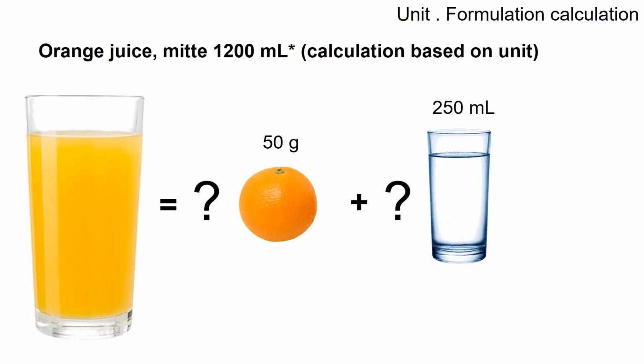So if I would like you to prepare 1200 ml, and you have to calculate this by using the unit calculation, how much of the oranges and water do you need?